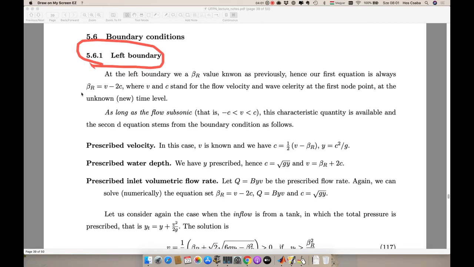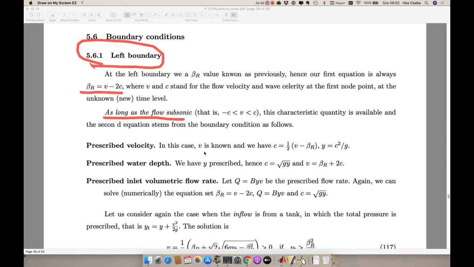So again, at the left boundary, I have one of these quantities, beta right, okay, v minus 2c. I know what beta right is, 25 or 42, whatever, but I don't know either v or c, so I will need another equation. Now, as long as the flow is subsonic, meaning that the velocity does not exceed the wave celerity, this is fairly simple, because I can be sure that I have one of these quantities here.